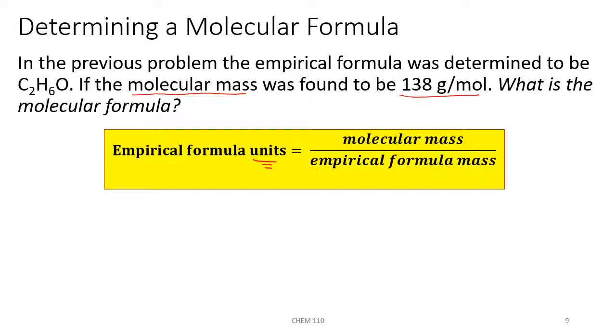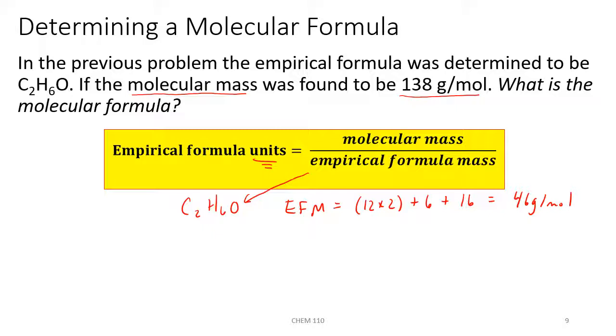So our empirical formula was C2H6O that we determined. We need to find the empirical formula mass. So what is the mass of our C2H6O? Our empirical formula mass can be calculated: 12 times 2 for the carbon, plus 6 times 1 for the hydrogens, plus 16 for the oxygen. And so that would give us 46 grams per mole.